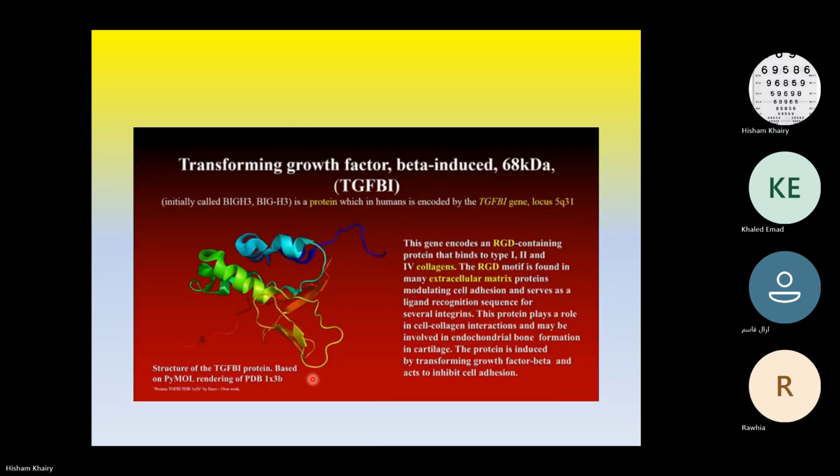So again, this transforming growth factor beta induced is a 68 kilodalton protein. The TGF beta gene locus is chromosome 5, long arm, position 31.